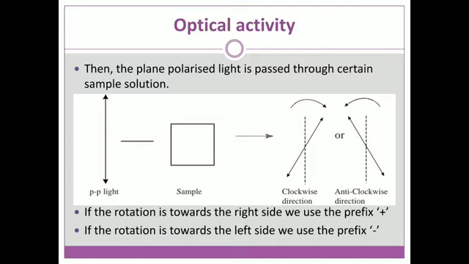So if the rotation is towards the right side, that is clockwise direction, we use the prefix plus symbol for the substance. And if the rotation is towards the left side or anti-clockwise direction, we use the prefix minus symbol for the substance. So simply, plus glucose rotates the plane polarized light in the clockwise direction, and minus glucose rotates the plane polarized light in the anti-clockwise direction.